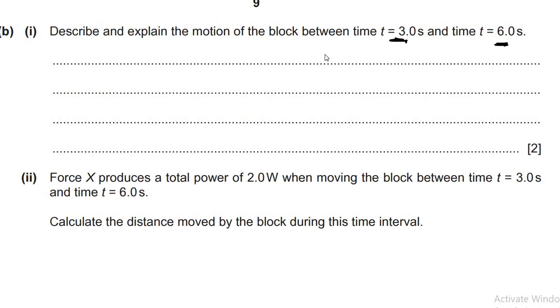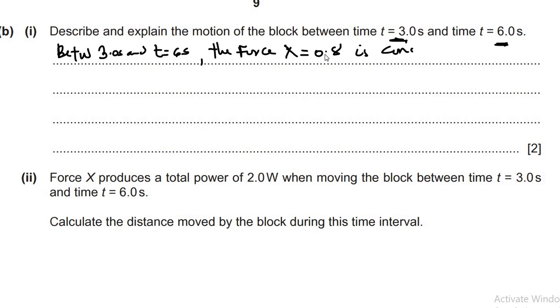Describe and explain. Let me put it like this: between t equal to 3 seconds and t equal to 6 seconds, the force x equal to 0.8 is constant all through. I'm writing what I saw.